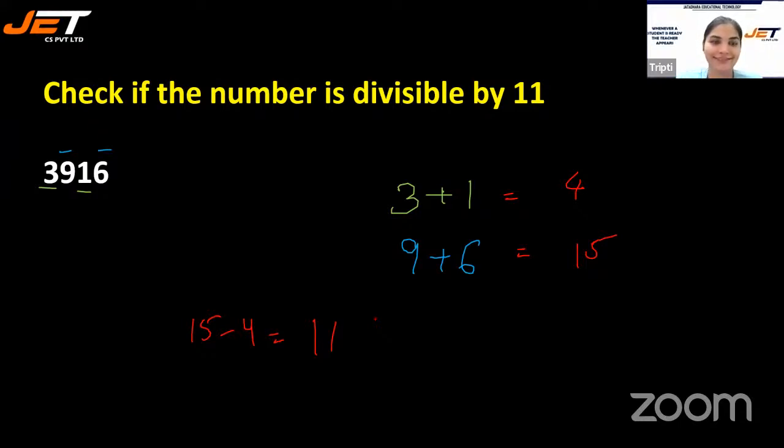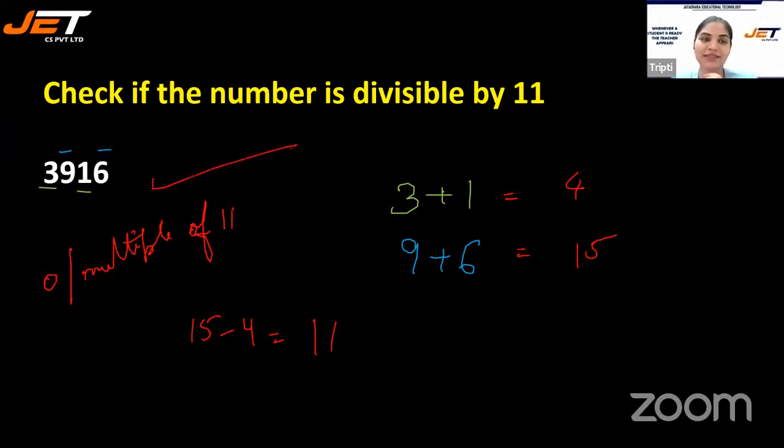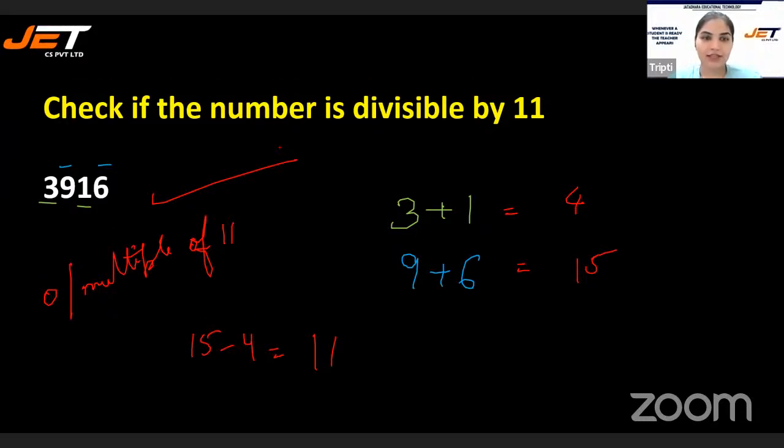It is, because the rule says that the difference that you are obtaining should be either 0 or a multiple of 11. So 11 is a multiple of 11, right? The least multiple of 11, we can say. So here, 15 minus 4 is 11. That means this number is divisible by 11, right? Easy.